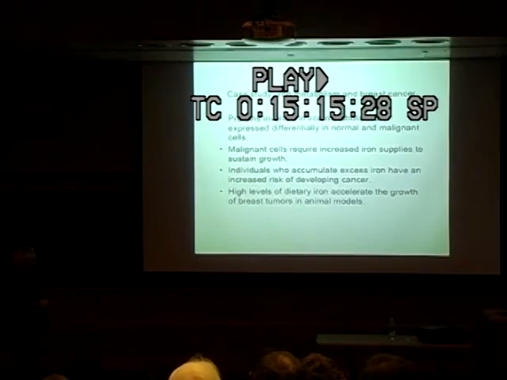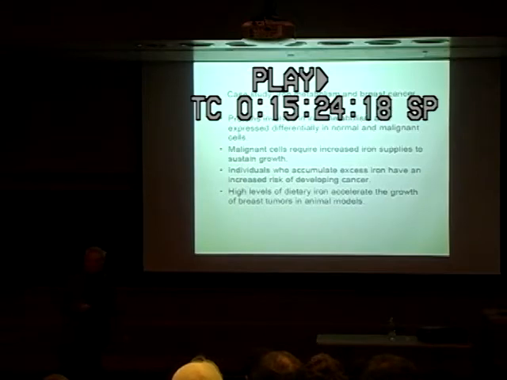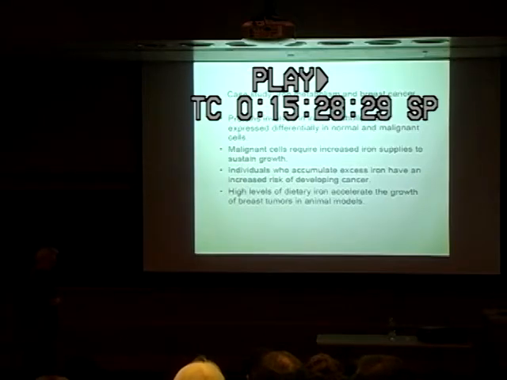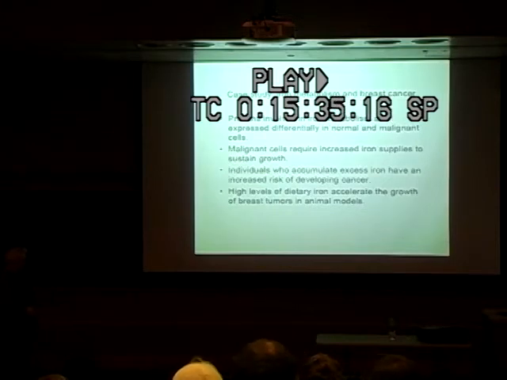You build up DNA, you need it for all kinds of proteins and other things. And it's been observed in a number of places that individuals who accumulate excess iron have an increased risk of developing cancer. And in fact, it makes a difference in tumor growth in a relatively short period of time.